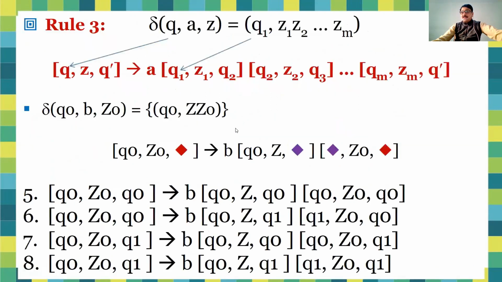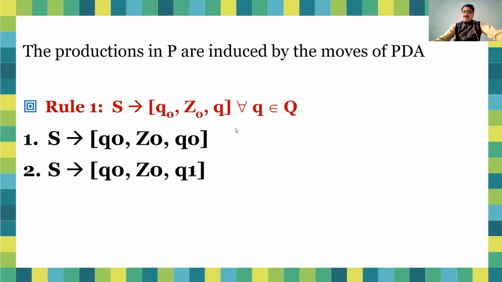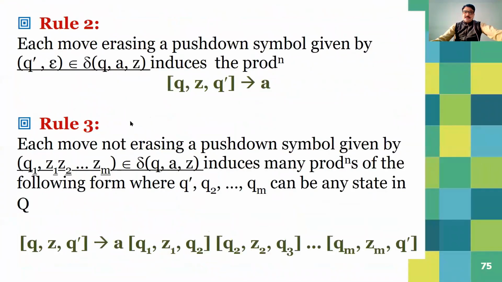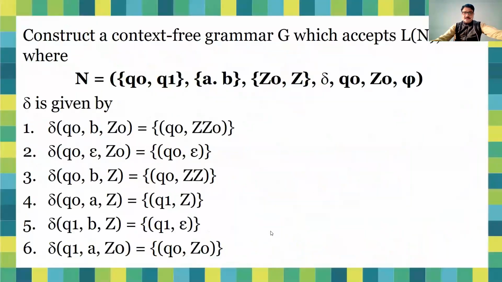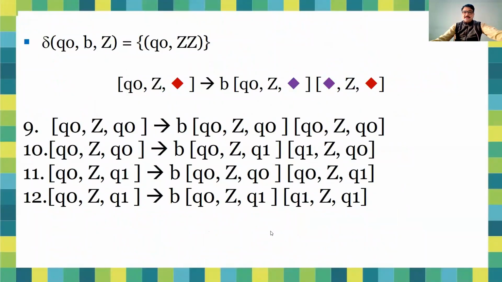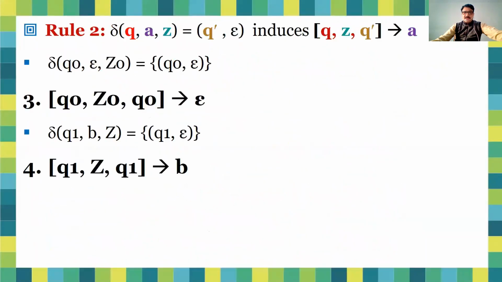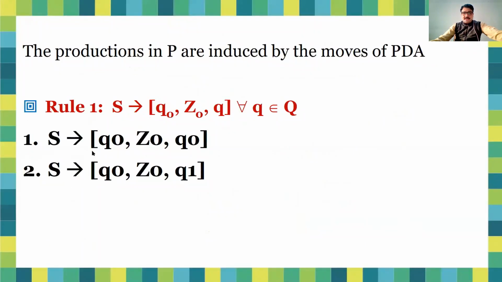And after that, you can write the start symbol, that is S, that I already told you. The start symbol can be represented this way, that is S goes to [Q0 Z0 Q], where Q is the set of states. So simple, after doing all the transitions, you can mention all these things. Just see here, that is [Q0 Z0 Q0] and [Q0 Z0 Q1]. Why are we going to write this?